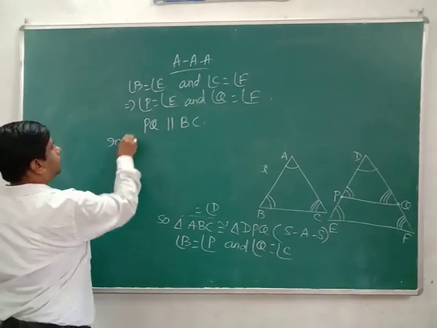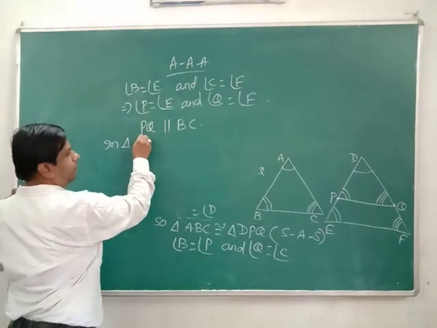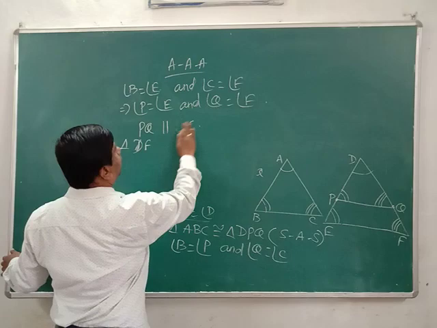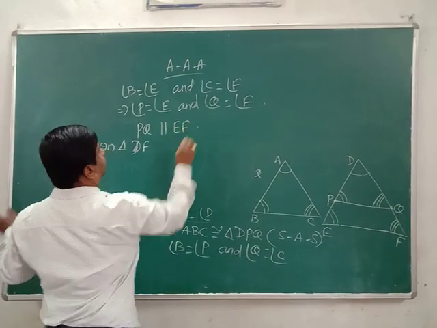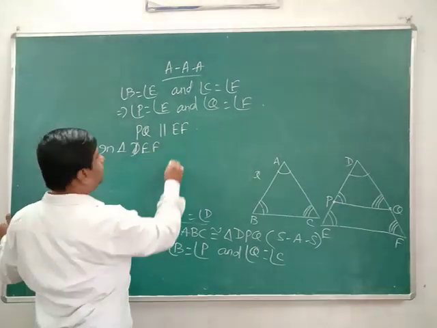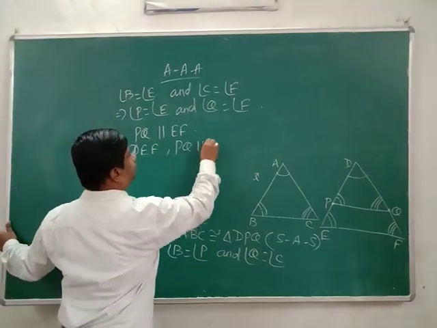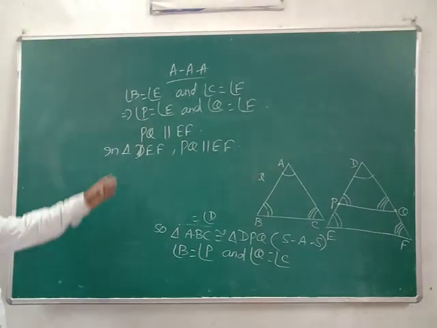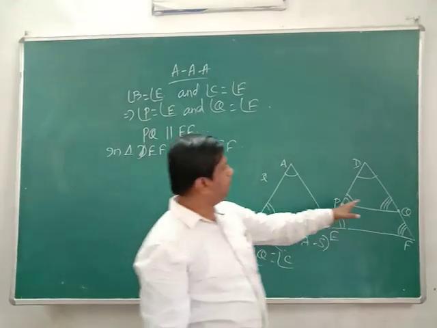Now in triangle DEF, PQ is parallel to EF. So you can use the basic proportionality theorem here.